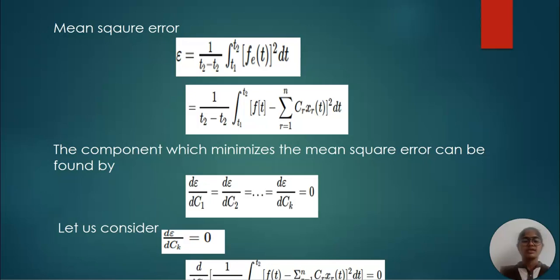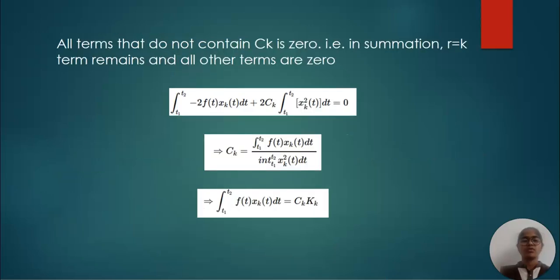Here, d by dck of 1 by (t2 minus t1) times the integral from t1 to t2 of (f(t) minus the summation of r equal to 1 to n of Cr xr(t)) whole square dt equals 0. All terms that do not contain ck are 0.